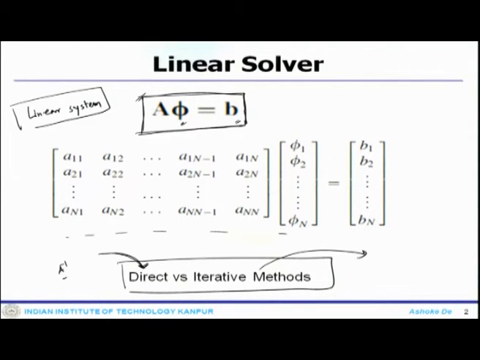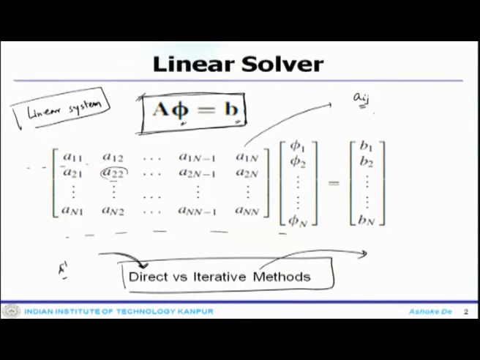Secondly, each row here corresponds to some sort of an element Aij. For the second row, second element, this is A22.